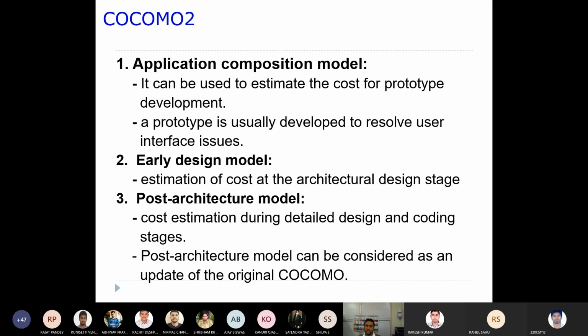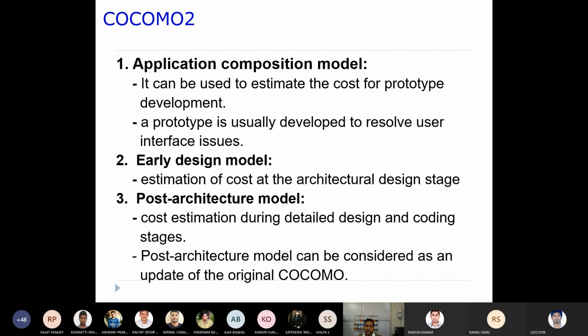Through these prototypes you want to understand the complexity of the problem, identify the risks, and handle those risks. So here it takes the cost of the prototype also, because a prototype is part of each and every model. If you are talking about the spiral model, the prototype is there.